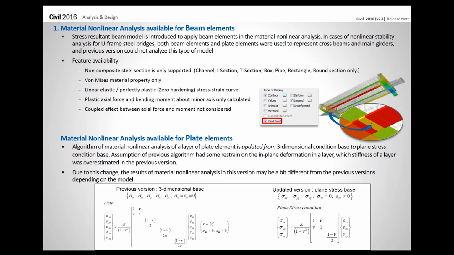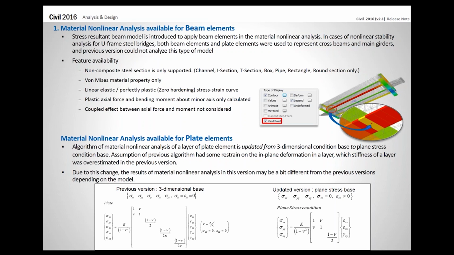In the previous version, the program would not perform analysis when a material nonlinear property was applied to beam elements. However, it is now available for beam elements for selected section properties.